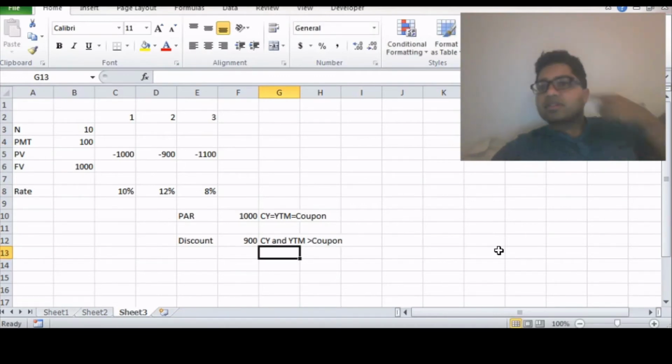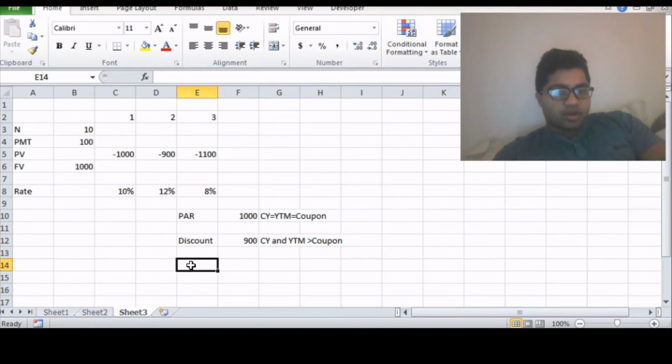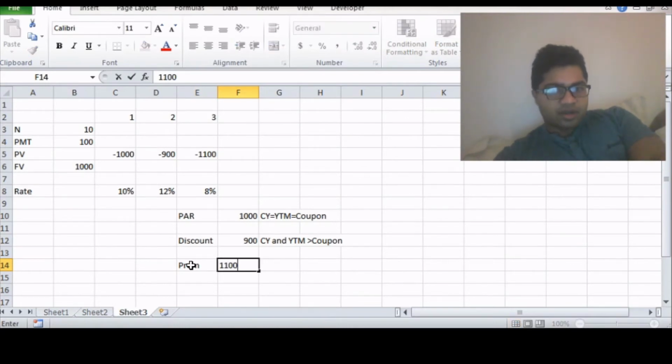So you have to remember this. If bonds are at a discount, YTM and current yield are greater than the coupon rate. If they are bought at a premium, that is you pay $1,100 for a $1,000 bond, then current yield and YTM are less than the coupon rate.